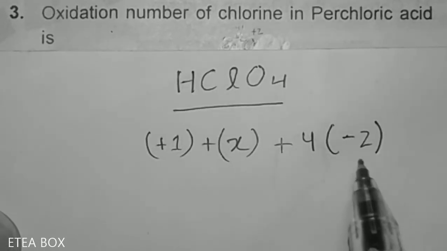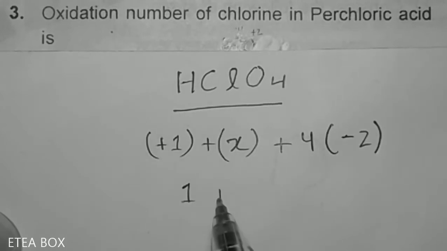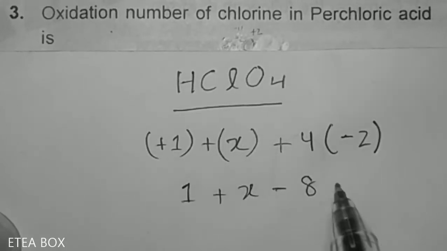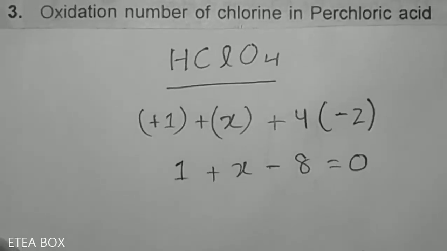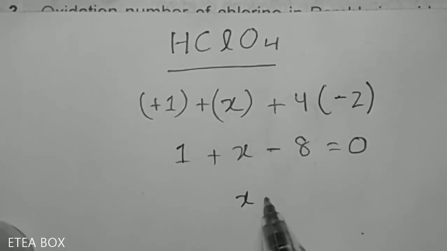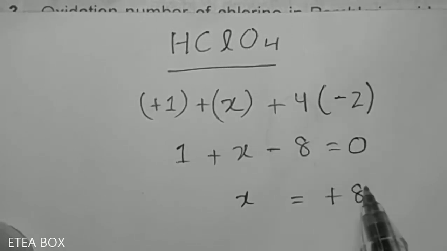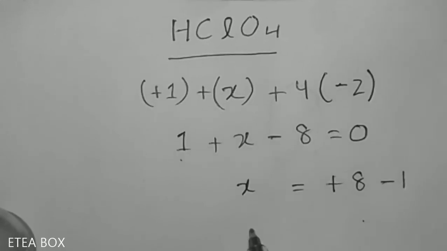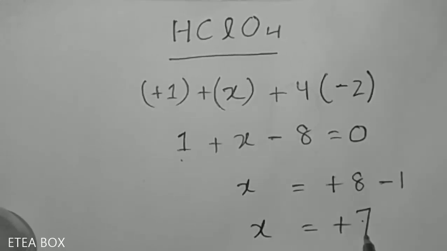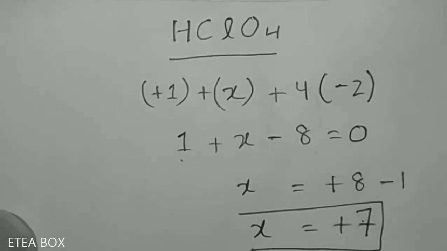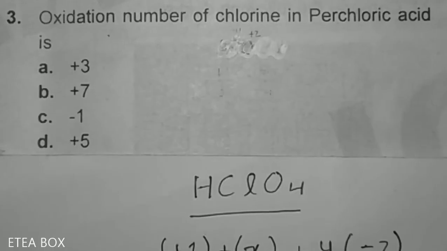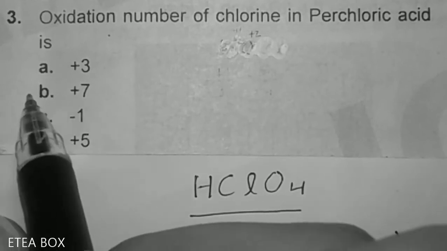Now 4 twos are 8 and 1 plus X minus 8 is equal to 0, okay? And here X is equal to +8 and this one -1, so X is equal to +7. So the oxidation number of chlorine in perchloric acid is +7. Here option B is correct.